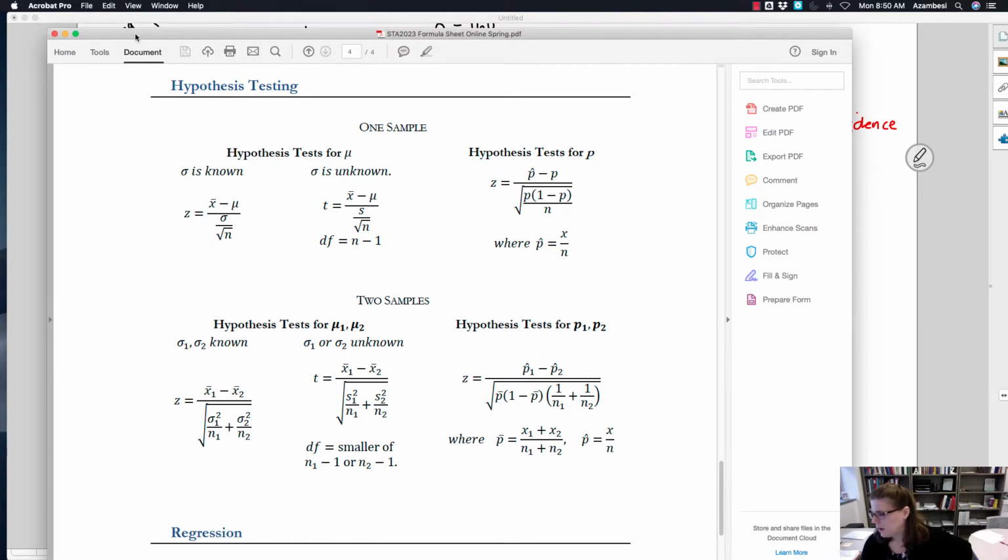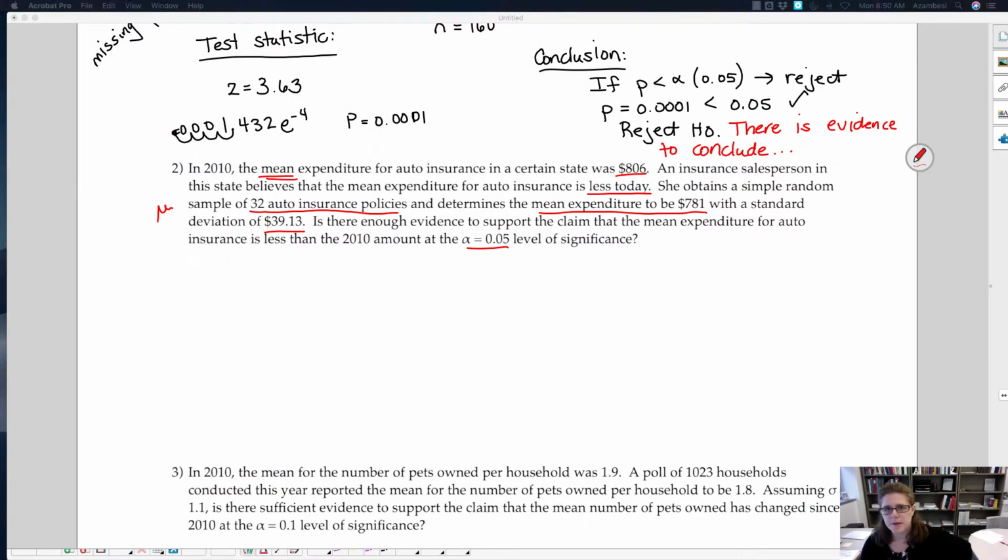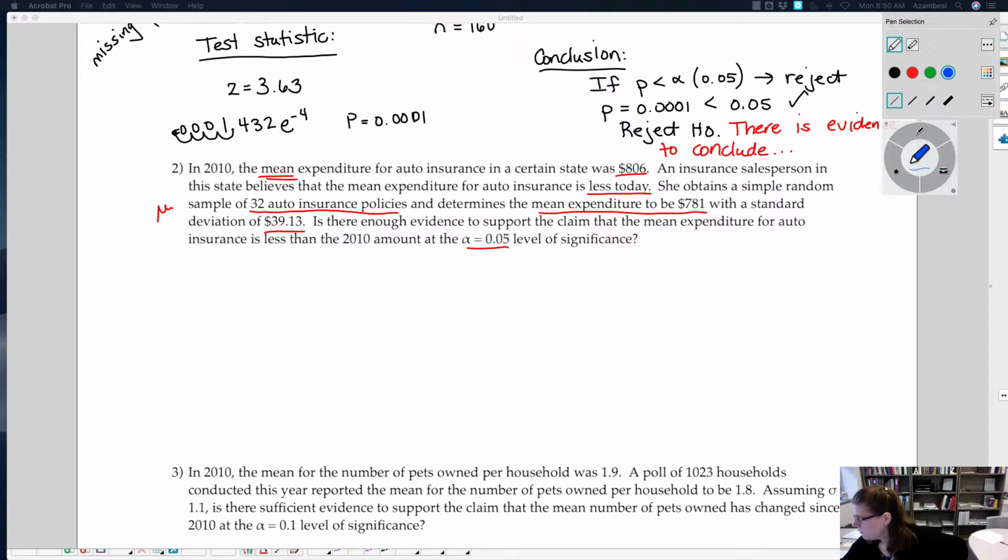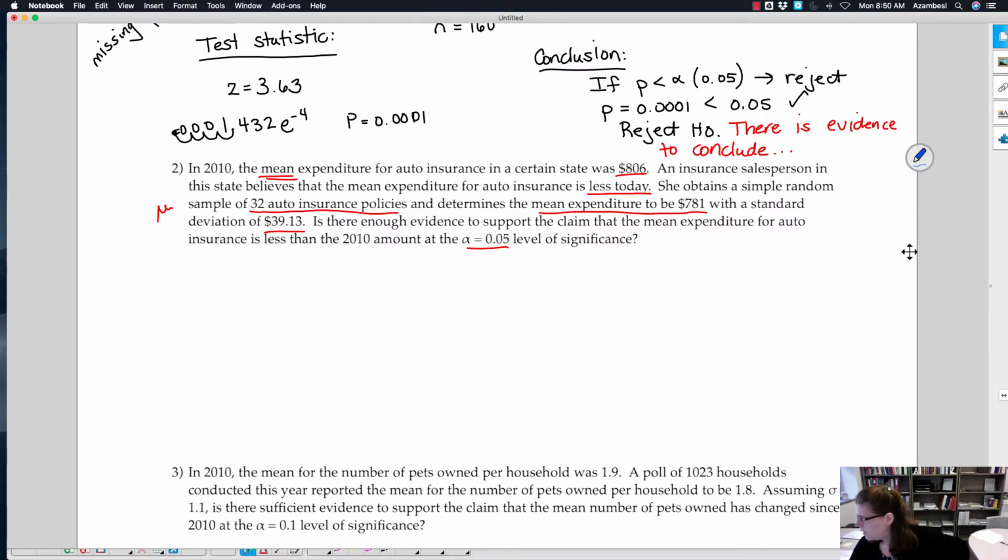But how do you tell from the problem? So the problems themselves just give you, sometimes they just give you a standard deviation. So if I'm looking at this, here it says she obtains a sample. She obtains a sample and she calculates the mean, and the key words are with a sample, with a standard deviation of 39.13.